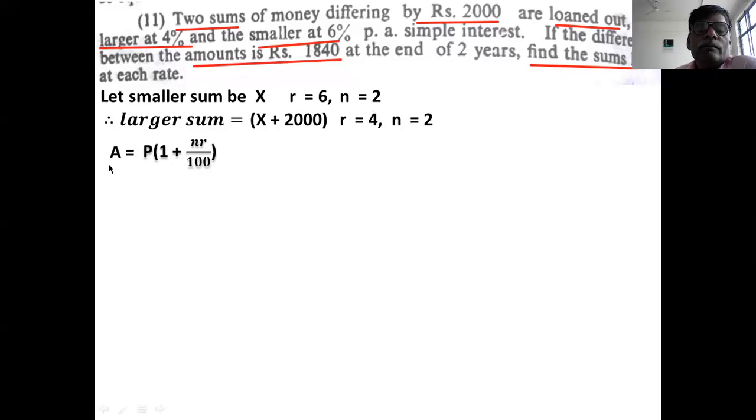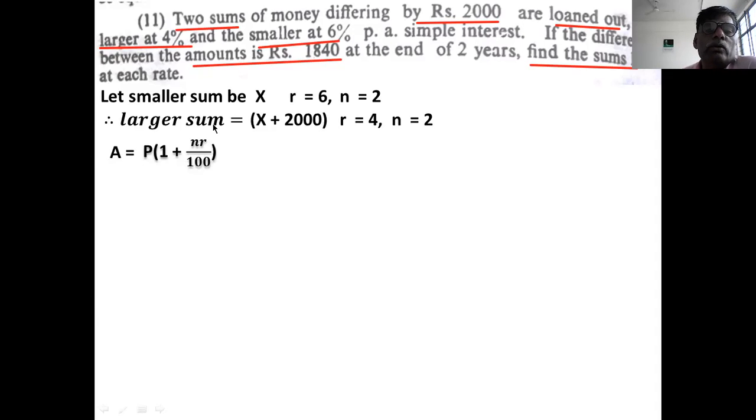This is the amount equation under simple interest. Remember, it is simple interest, not compound interest.